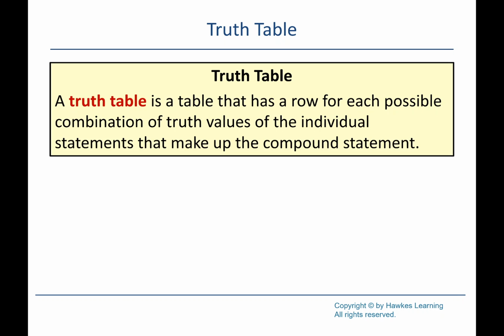And in order to keep track of what's happening with the logic, we have to look at the truth table for each way we join logical statements together. So each type of connecting word that we can use to make logical statements.